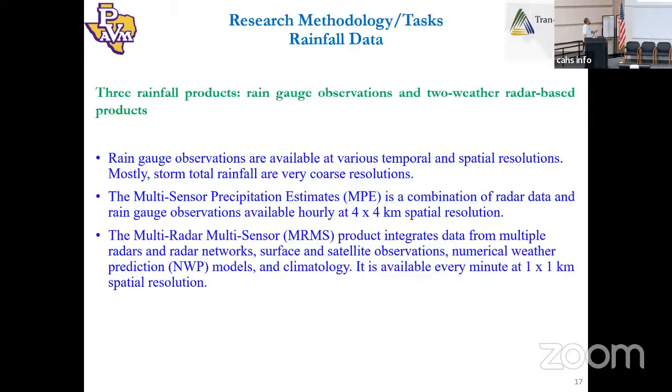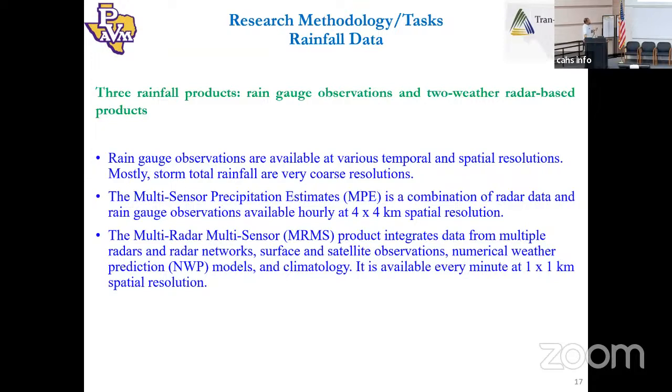Now, to investigate the rainfall pattern, we used more than 100 rain gauges within Harris County, and the professor from the University of Texas at San Antonio helped us gather all the data and statistically analyze the IDF. The multi-sensor precipitation estimate and a combination of the radar data were used to develop the rainfall pattern, with a spatial resolution of 4 kilometers by 4 kilometers.